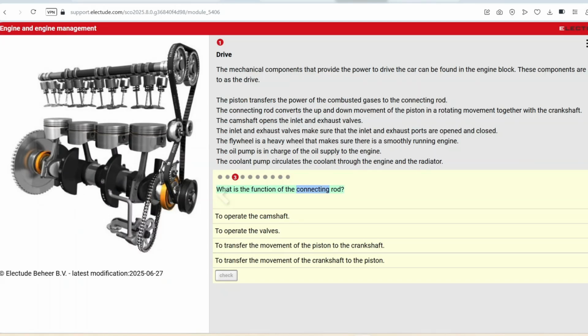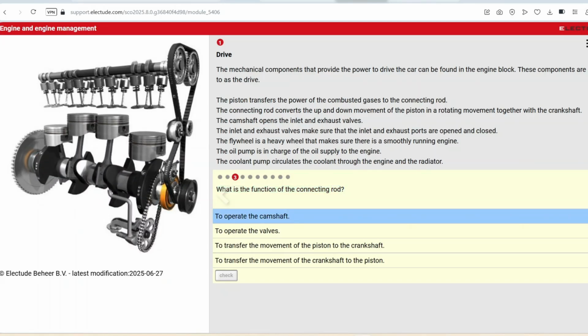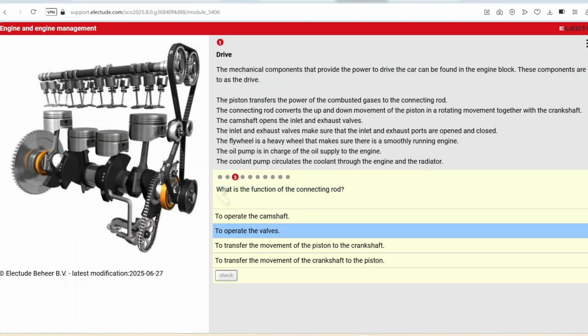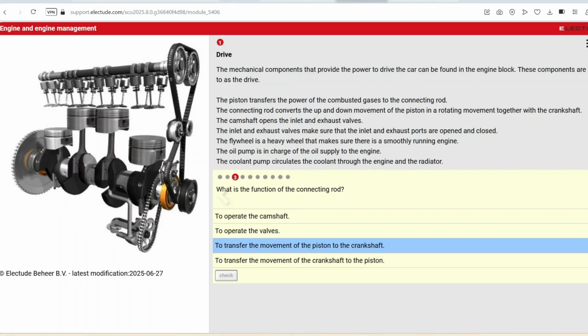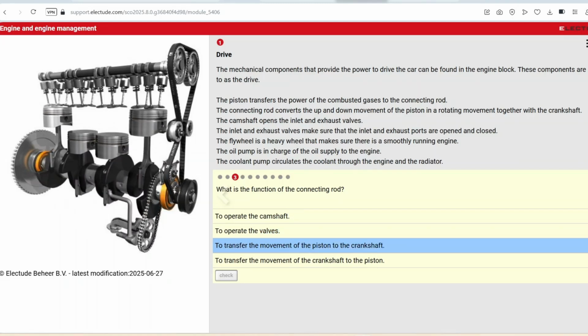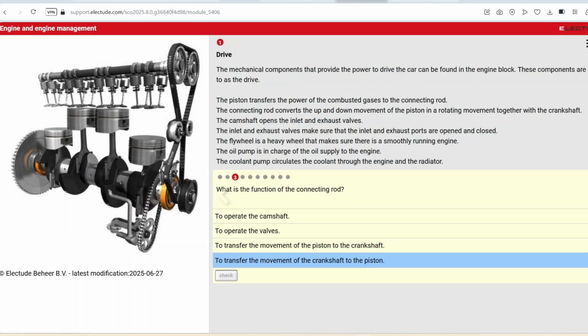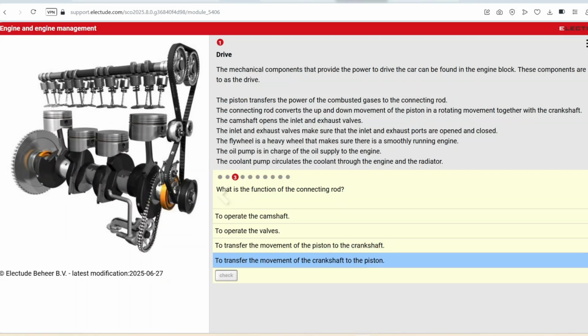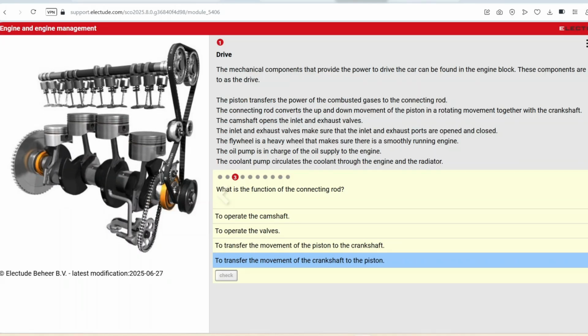What is the function of the connecting rod? To operate the camshaft. To operate the valves. To transfer the movement of the piston to the crankshaft. To transfer the movement of the crankshaft to the piston.